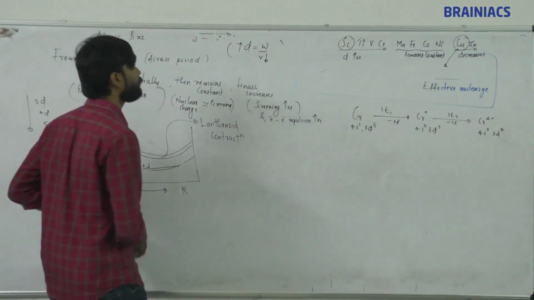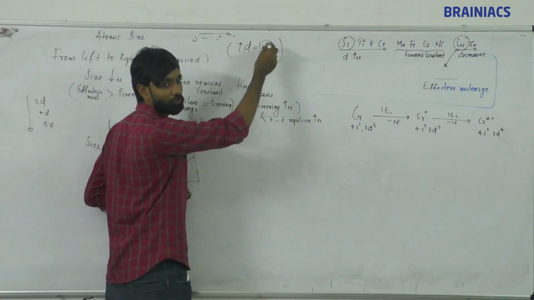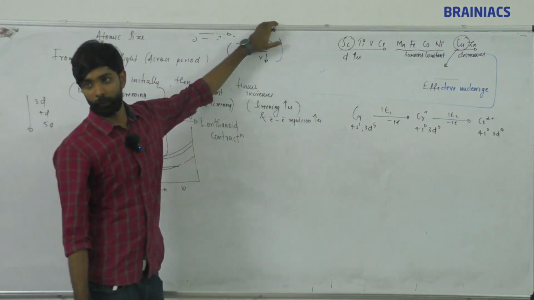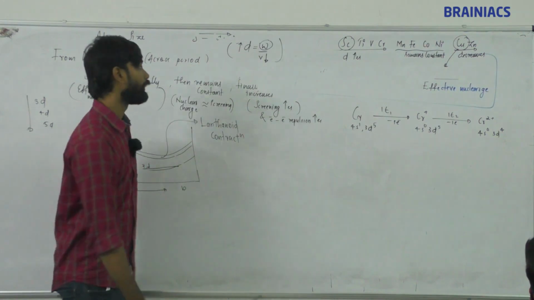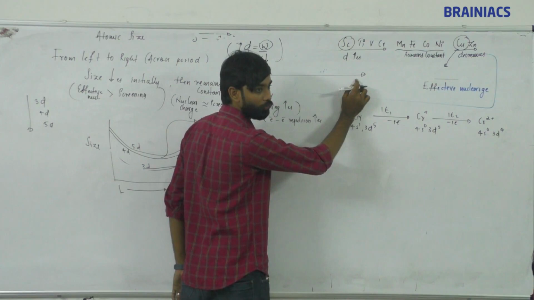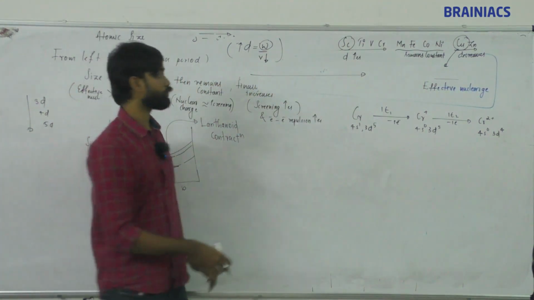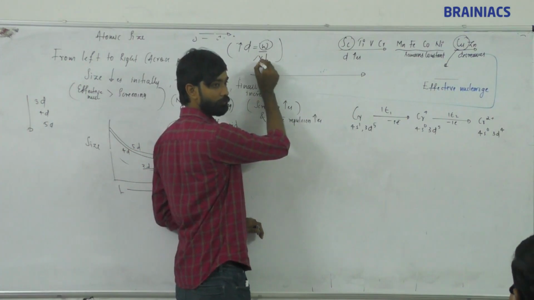Density is a term that depends on what? Not only the size, but also the mass. Across a period there is no considerable change in mass, so we can compare the size.